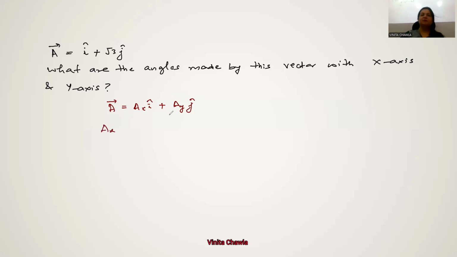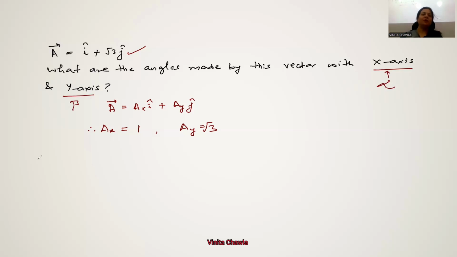If we compare this general form with the given vector, the value of Ax is 1, and the value of Ay is root 3. And we have to find the angles made by this vector with x-axis and y-axis. So alpha is the angle made with x-axis and let beta be the angle made with y-axis.